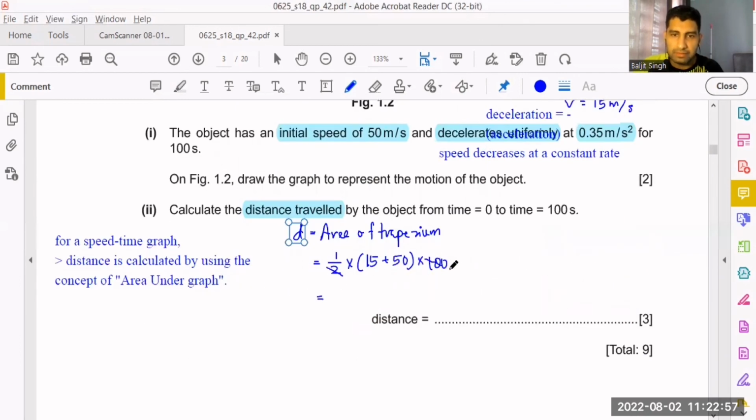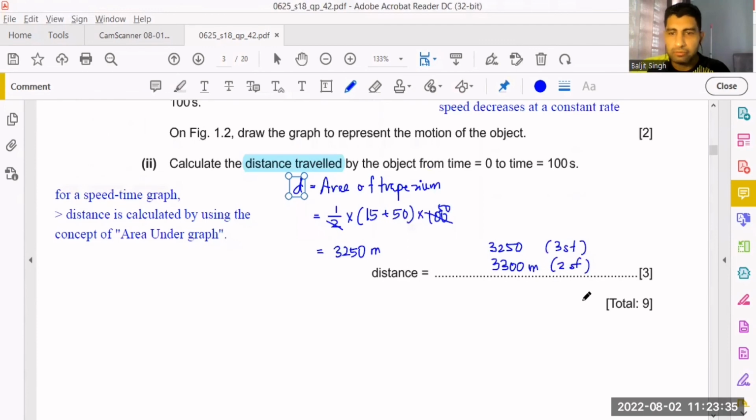Simplifying this, you have 1/2 times 65 times 100, which is 65 times 50, which will lead you to 3250 meters. As an answer, you can write it as 3300 meters because this is in two significant figures, or the answer as 3250 will also be accepted because this is in three significant figures. Right, so that will give you the full 9 marks.